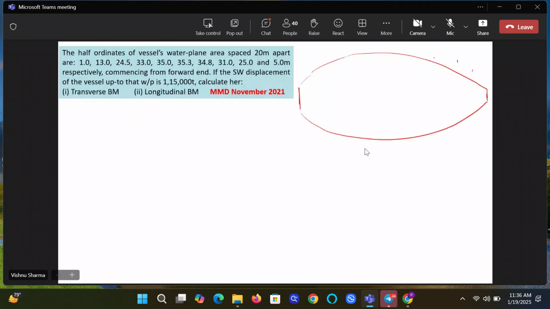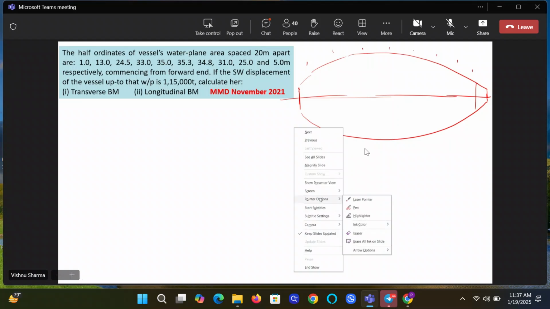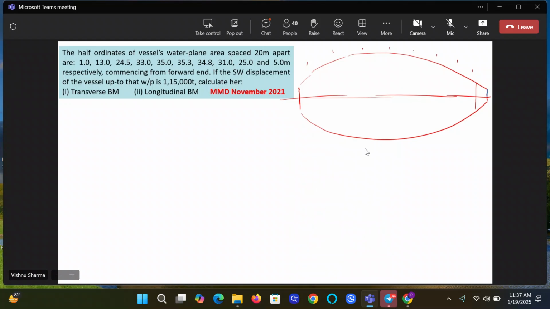One, two, three, four, five, six, seven, eight, nine, ten. Sorry, let me take the blue marker, because I've drawn one line full. So let me correct it. 1, 2, 3, 4, 5, 6, 7, 8, 9, 10.